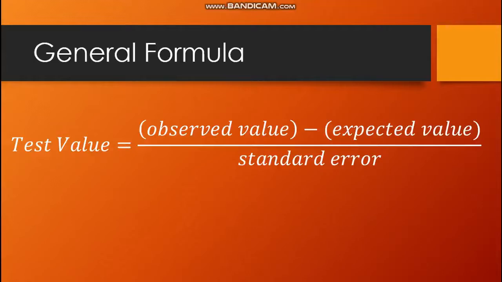Expected value natin, ito yung parameter, kagaya ng population mean. Ibig sabihin nito, your expected value to be obtained from the null is true or hypothesized value. Okay? Na kung saan yung ating denominator is standard error or error of the mean equal to sigma over square root of n.